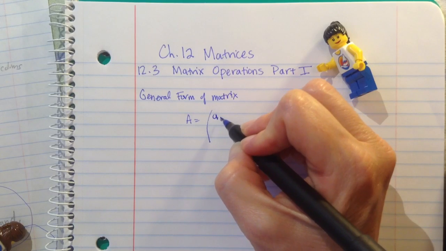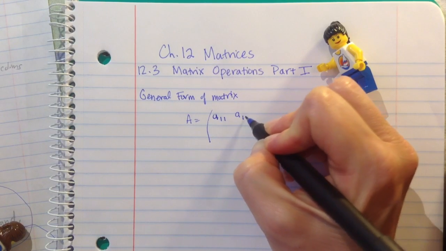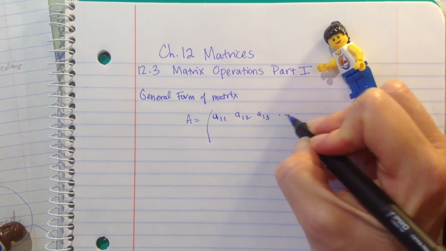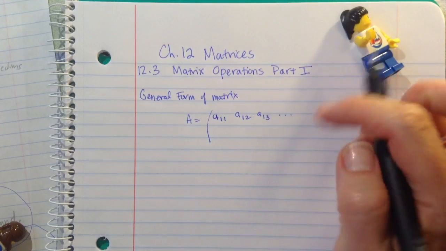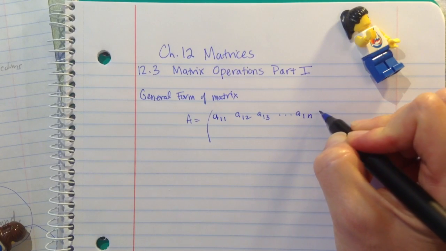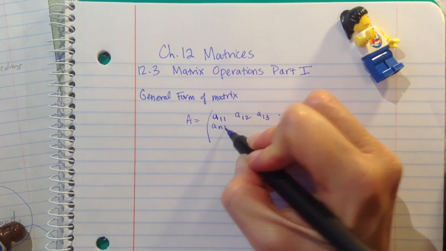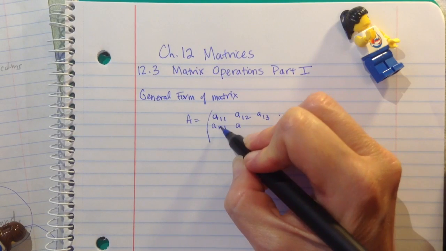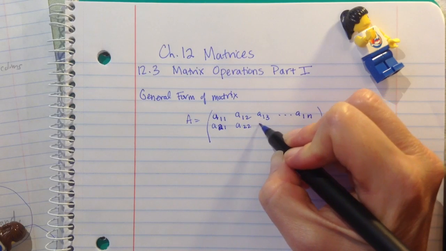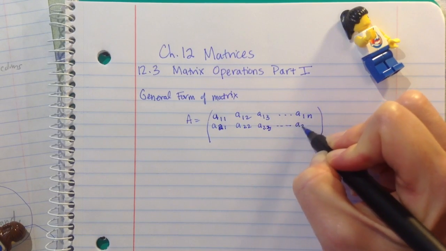So this one's in row 1, column 1. Then we would have A12, row 1, column 2. A13, and we would go out to A1n. We'll say n is the number of columns. And then the second row would be A21, A22, A23, all the way out to A2n.